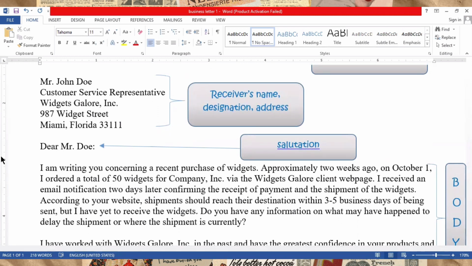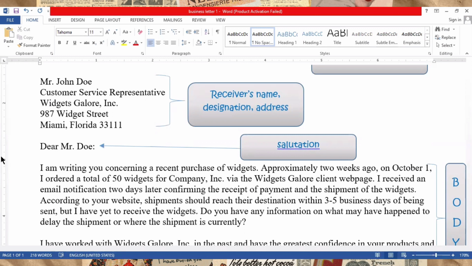And of course, you have to be sure about his designation. Mr. John Doe, Customer Service Representative, Widgets Galore Incorporated, 987 Widget Street, Miami, Florida, 33111. So in this case, the receiver's name is Mr. John Doe and his designation is Customer Service Representative.